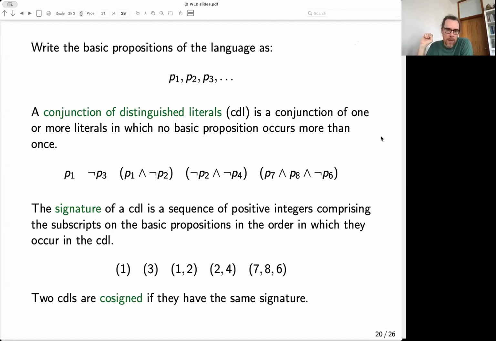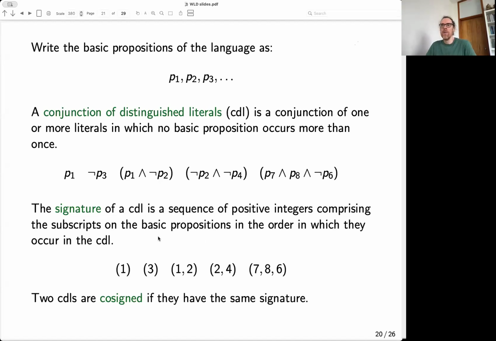So, not something like P1 and not P1, or P1 and P1 and P2. Not like that. You can't have a repeat of any basic proposition. So there are some examples of these conjunctions of distinguished literals.